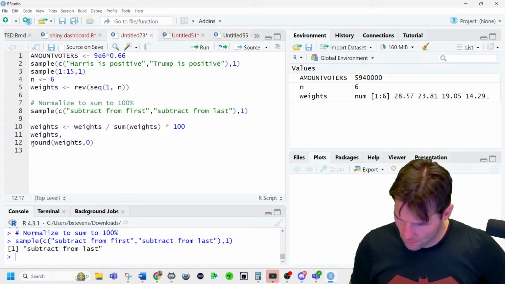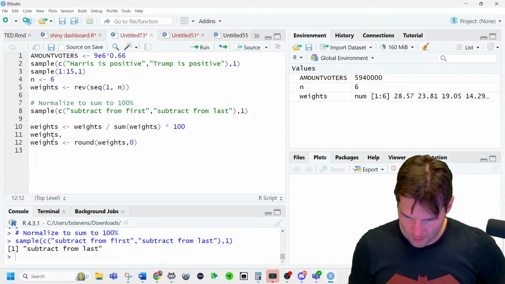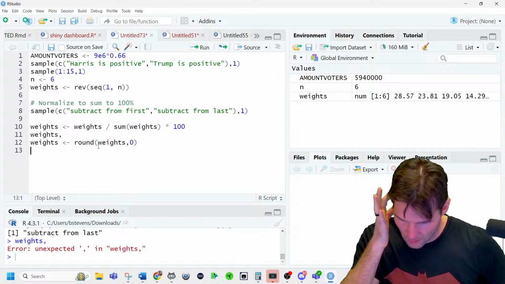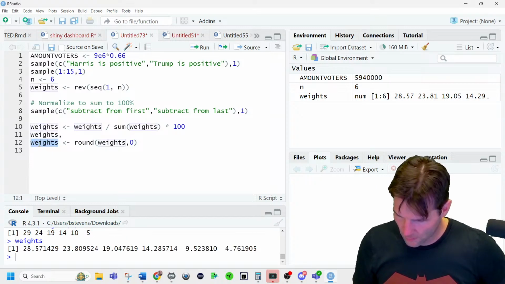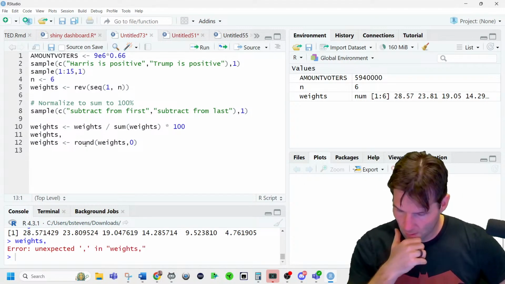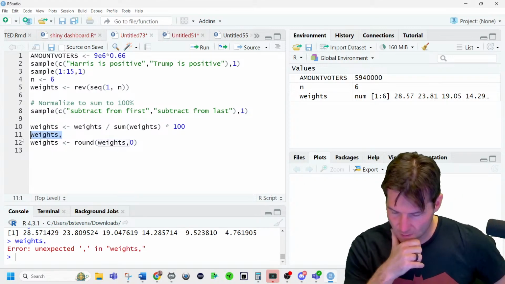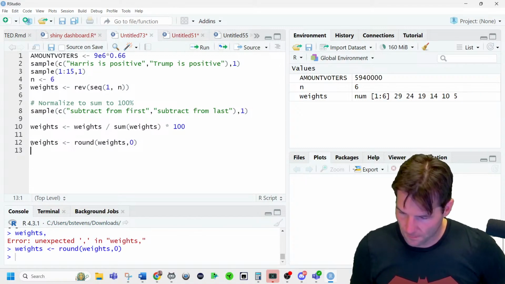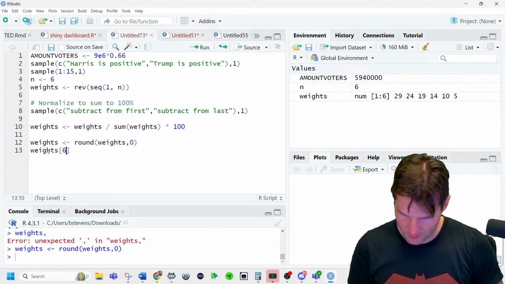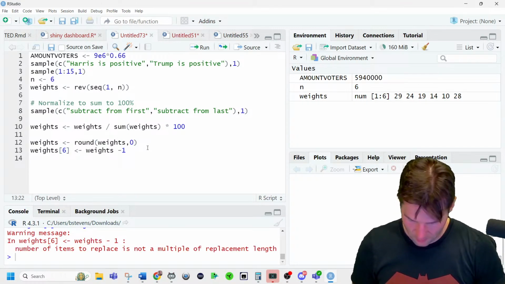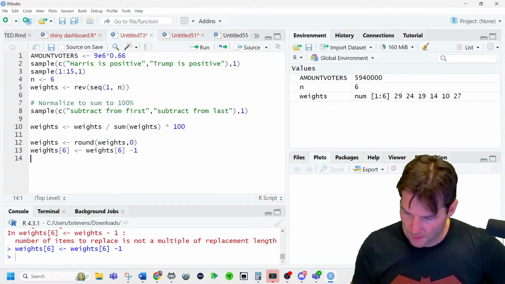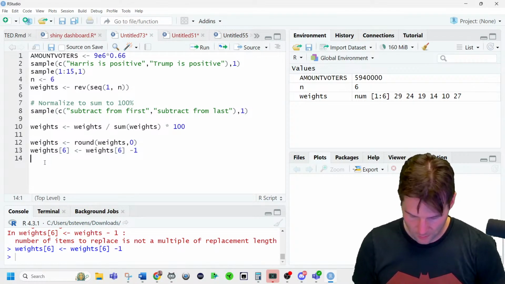Doing a simulation, weights overwrite. Weights rounded. Oh, and it's called weights. Weights comma round weights to 0 digits. No. There we go, that's right. Unexpected comma. Oh, previous line of code. There we go. Weights element 6, delete from element 6, -1. Oh, weights element 6. There we go. And now sum of weights.